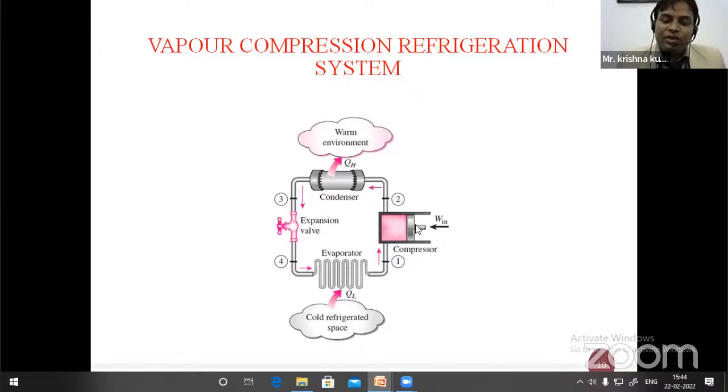Like here 1 to 2, the pressure and temperature of the refrigerant in the pipe are increasing. Okay, then it goes into the condenser where the phase of that refrigerant will change, as well as the latent heat of refrigerant released to the atmosphere, then only the phase will change. Okay, after that it expands in the expansion device, between 3 to 4, and 4 to 1 it absorbs heat in the evaporator. Okay, then again it goes to the compressor.